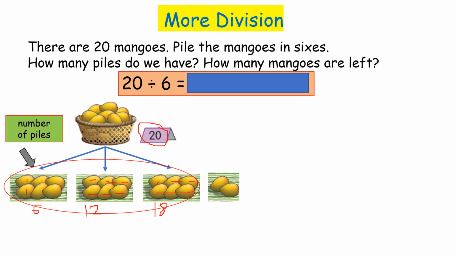The one that teacher circled is the number of piles or the number of groups. And these 2 mangoes are the number of mangoes left. So we know that there are 3 piles of mangoes, and then there are 2 mangoes left. This is the first method to find the number of piles and the number of mangoes left.